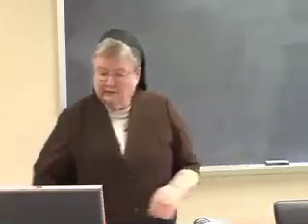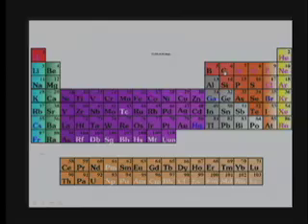The molecular elements are found on a table on page 124. They are basically the diatomic elements, two atoms together, and they are basically the gases: nitrogen, oxygen, fluorine, chlorine, bromine, and iodine.